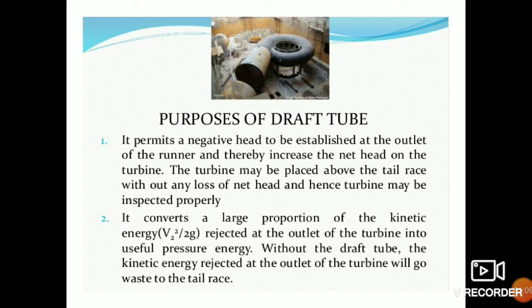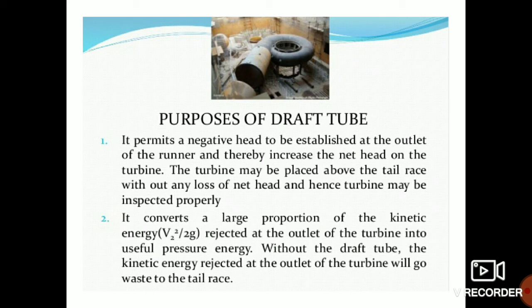Purposes of draft tube. If water is allowed to discharge freely into the atmosphere from the runner, the turbine will work under a head equal to the head of the head race water level above the runner outlet.